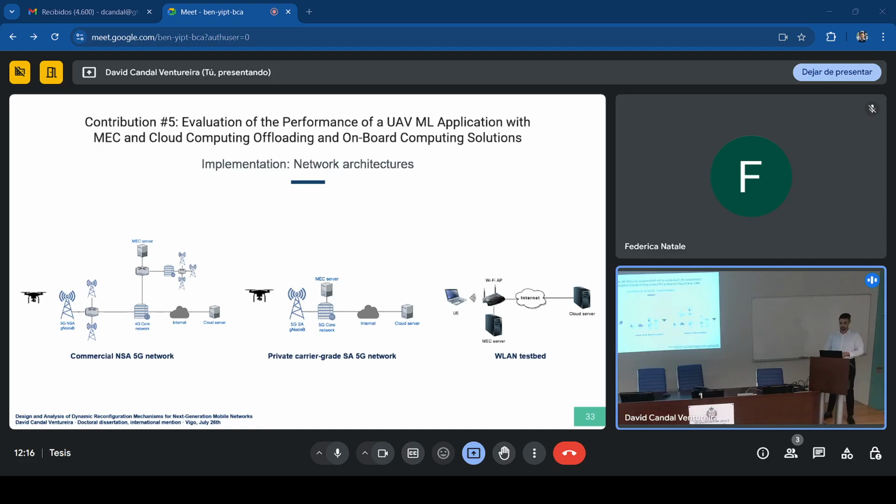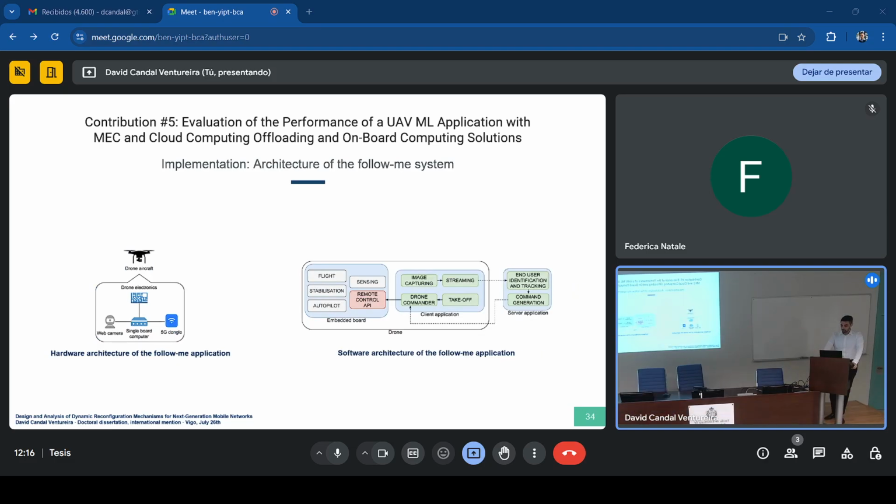It's a big red mast. But the traffic is sent to the core network, which is not here, it's in Madrid. So the traffic is transmitted to the base station, then to Madrid, and then to the cloud or the edge platforms. And therefore, the data path is longer, and this will impact the network delay.